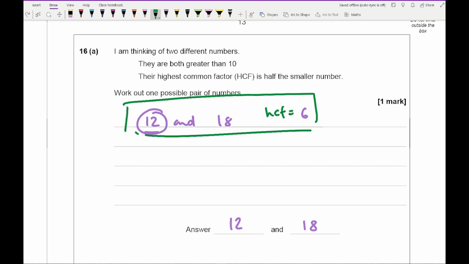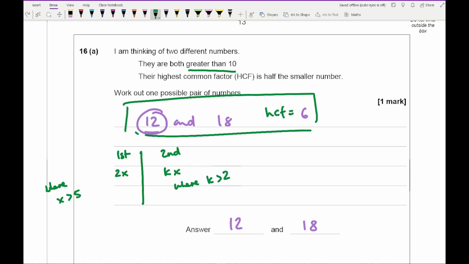So here what we're looking for is, if I say that the first number is 2x, where x has got to be greater than 5, because the numbers have got to be greater than 10, then the second number needs to be kx, where k is greater than 2.